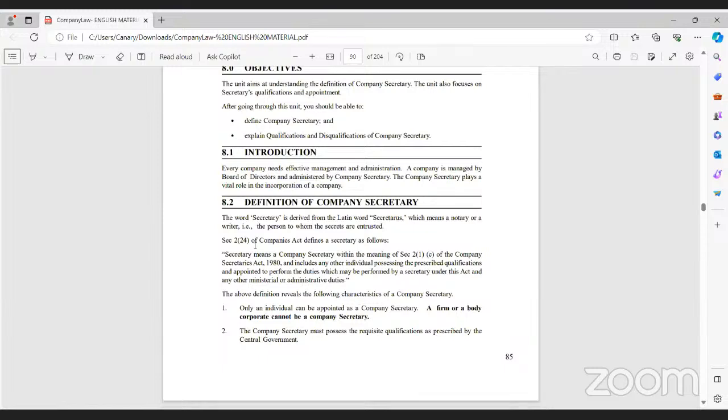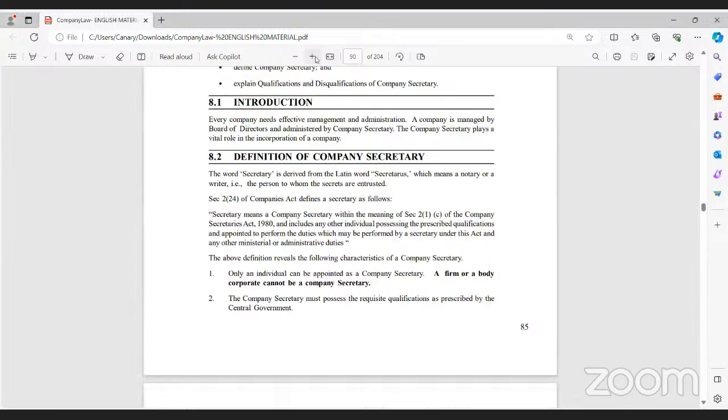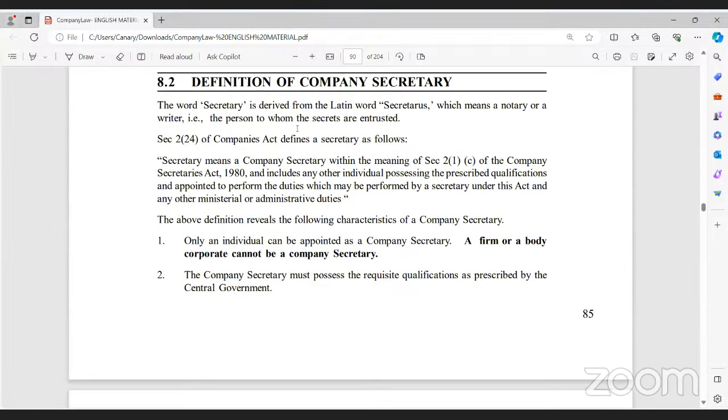Now let us see. Is this screen visible? Yes, ma'am. Secretary means who? As per Section 2, subsection 24, a company secretary is the one who must possess certain prescribed qualifications, and is appointed to perform certain duties which are supposed to be performed by a secretary as per the Act.